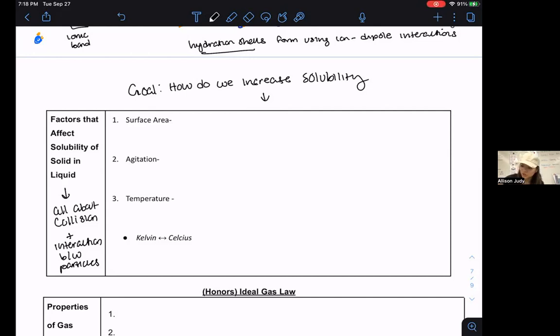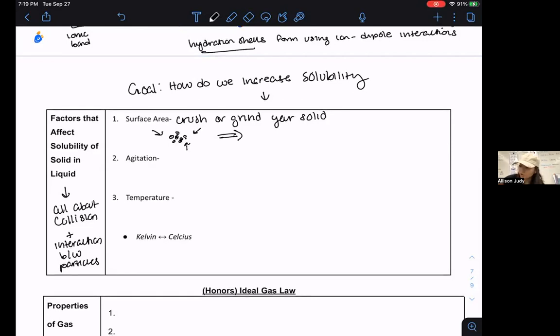So the first way is by increasing the surface area. You can crush or grind your solid, which means instead of having a big chunk of solid that your solvent particles suddenly have to fight through to get access to, instead of having this dense concentration of solids, you're spreading them out so that you get more easy access to interaction from your other particles.